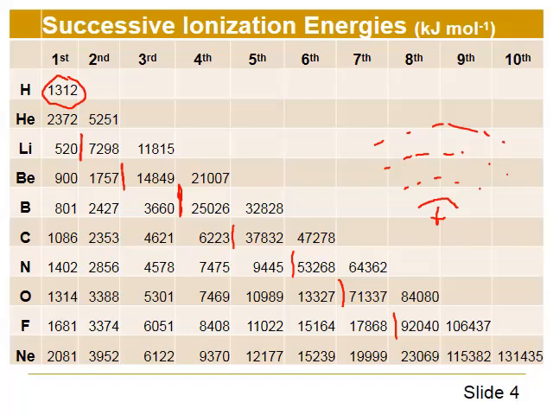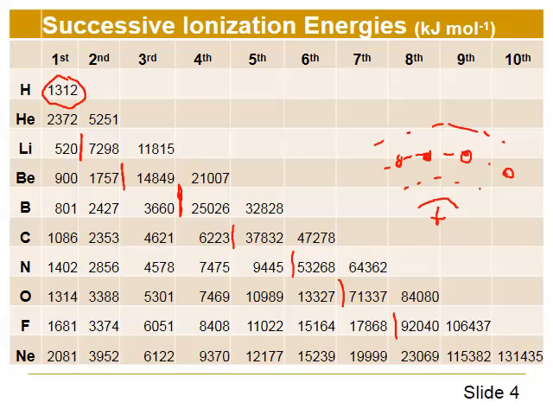So lithium to neon, we're filling the second energy level, right? So lithium had 1 valence electron, beryllium has 2 valence electrons, boron has 3 valence electrons, carbon has 4, etc. By the time you reach fluorine, there will be 7 valence electrons. And then, of course, neon has 8 valence electrons.